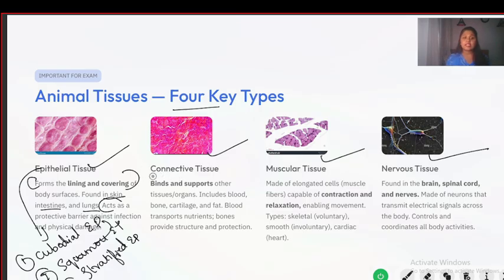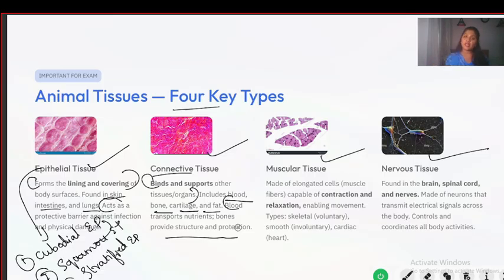Next, connective tissue, which connects the entire body of an animal, binds and supports tissues and organs together. What are the connective tissues? Blood, bone, cartilage, fat like adipose tissue, all these were also part of connective tissue. Blood transports nutrients and oxygen. Bones provide structure and protection to the body.